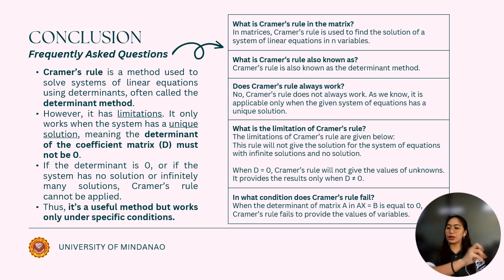We go back to the rule chart. And in what condition does Cramer's rule fail? We already discussed, and I hope you understand our discussion on Cramer's rule: the definition, the formula, the 2 by 2 matrix and their examples, the 3 by 3 matrix and their examples, the rule chart, and the limitations and everything.